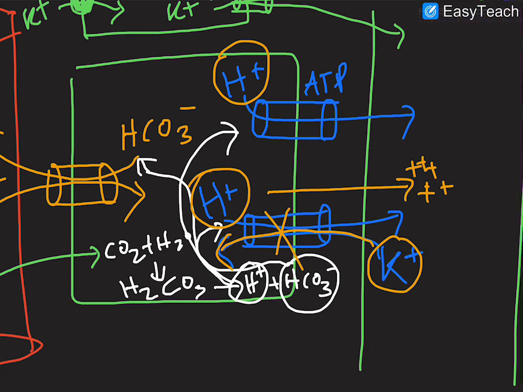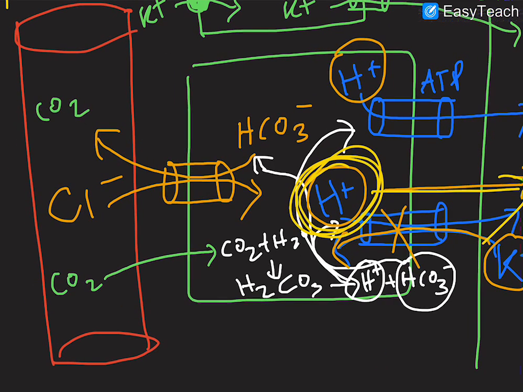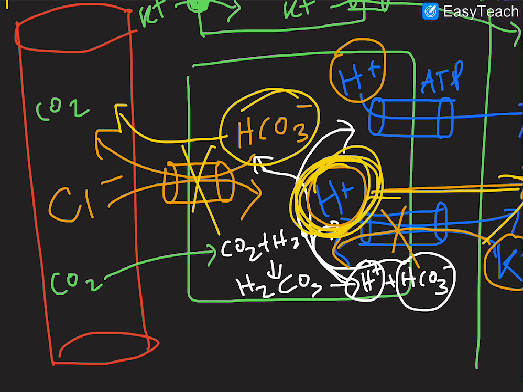You can see alkaline urine because you can't take this hydrogen proton and put it into your urine, so the pH of your urine goes up. And hypokalemia is also seen. And if in Sjogren syndrome, let's say this channel is not working, then of course you can't put bicarb into your blood. Because of the inability of these channels to function, if you can't put hydrogen protons into your urine, that means hydrogen protons can start to leak out into your blood.